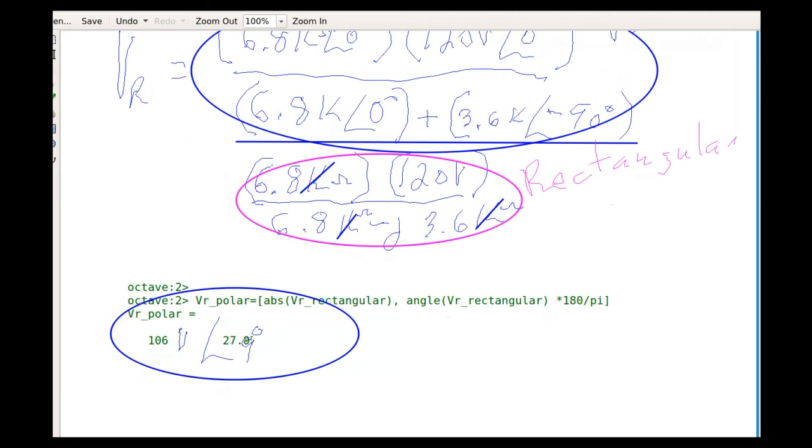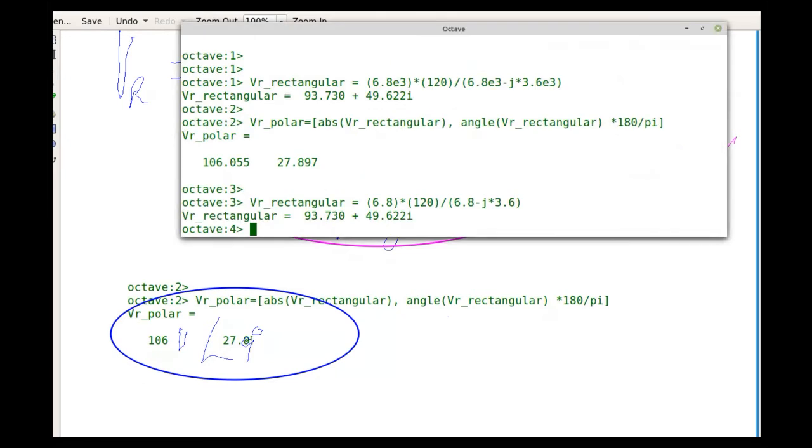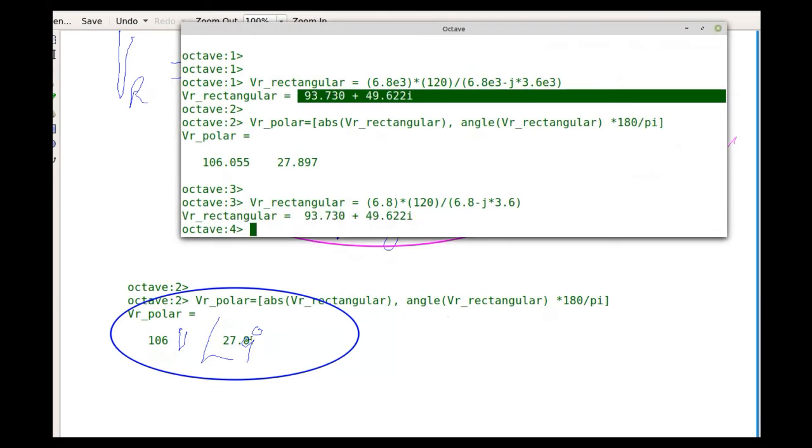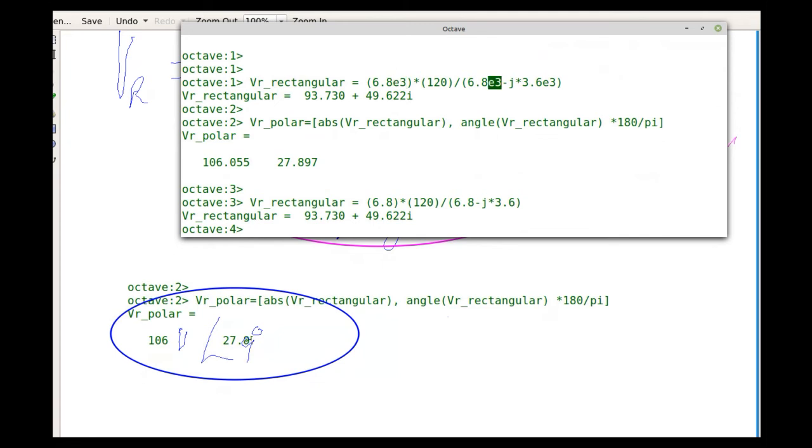So that's why the answer turns out to be identical whether I put the e to the 3 in or not. But that only works for voltage divider type things. If it was for a current type thing, if I was just calculating the current and I left out the e to the 3, I have to remember that I'm going to end up with an e to the minus 3 if it was a current calculation.